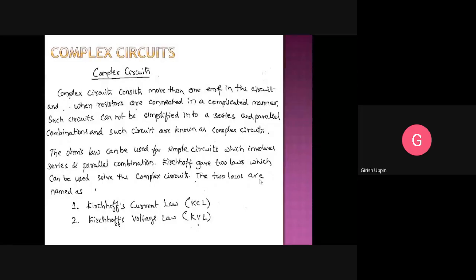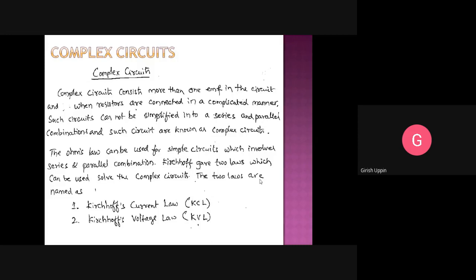And if it is very difficult to identify how the resistors are connected, if you are not able to figure out whether it is connected in series, parallel, multiple EMF sources are used, there are many loops, many branches, and they are interconnected in such a way that we don't see the resistor between common points, then we call it a complex circuit.